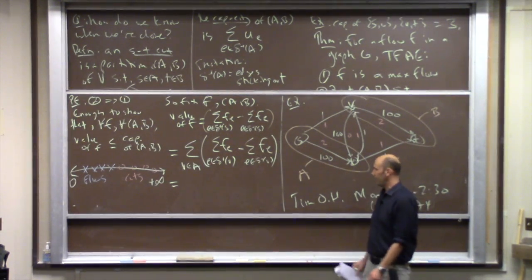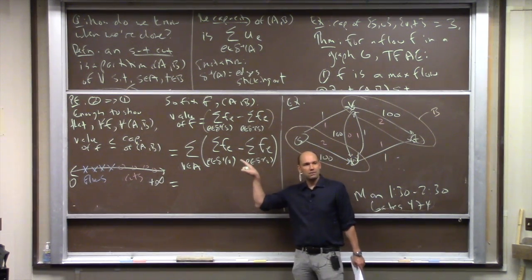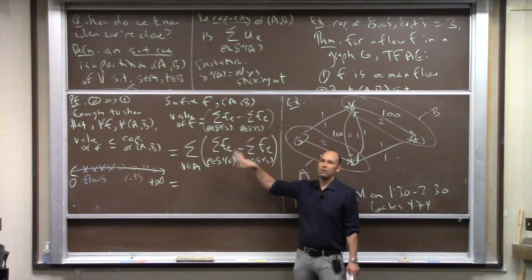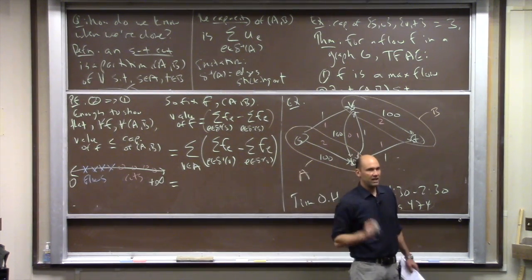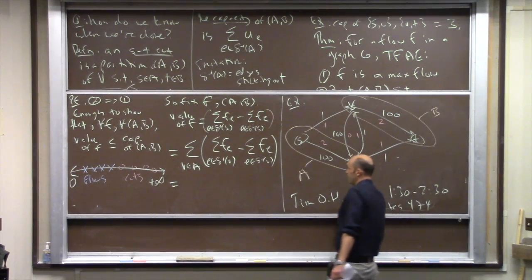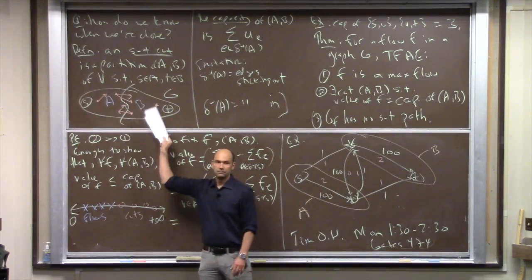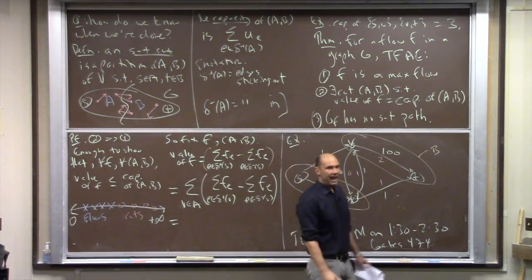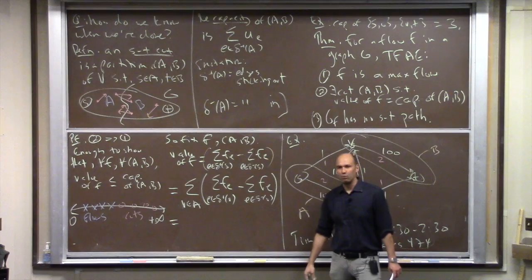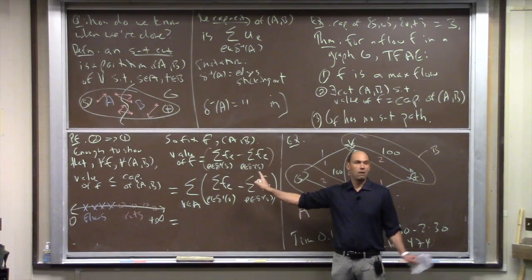So fix an edge E, and ask: how many times does f sub E appear in this expression? The answer depends on which bucket of edge types you're in. If both endpoints are in capital B, then you have nothing to do with this expression at all.